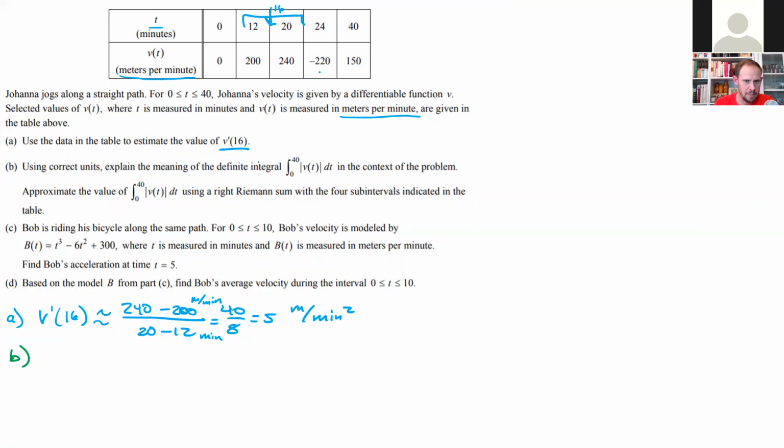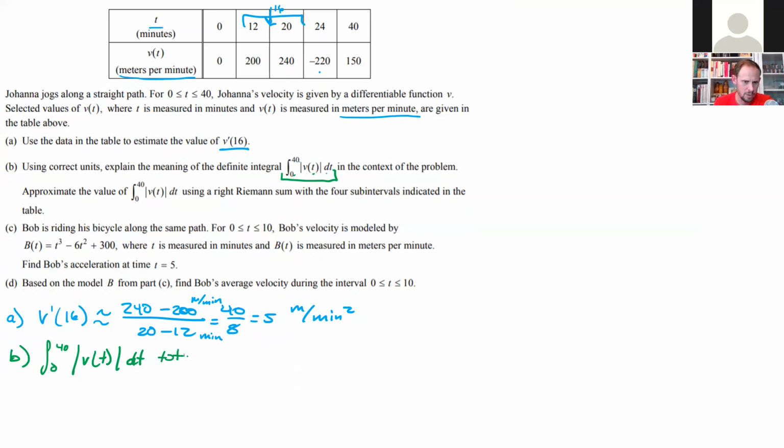Using correct units, explain the meaning of the definite integral, the integral from 0 to 40 of the absolute value of the velocity dt in the context of this problem. All right. So the integral from 0 to 40 of the absolute value of v of t dt. Well, since it's absolute value, it's the total distance traveled. If we didn't have the absolute value, it'd just be the displacement between 0 and 40.